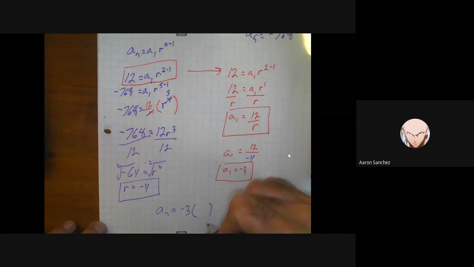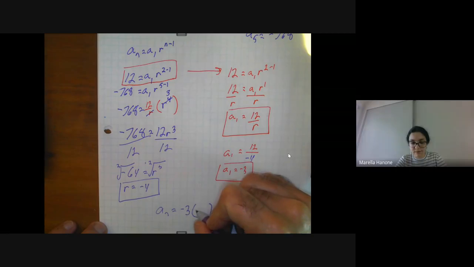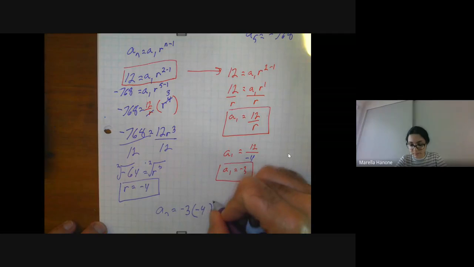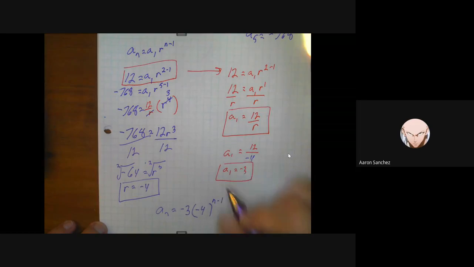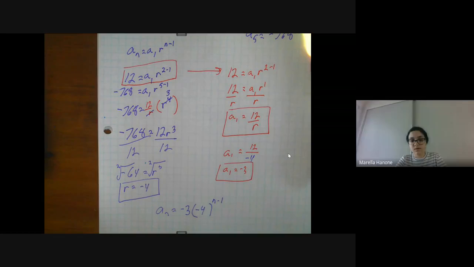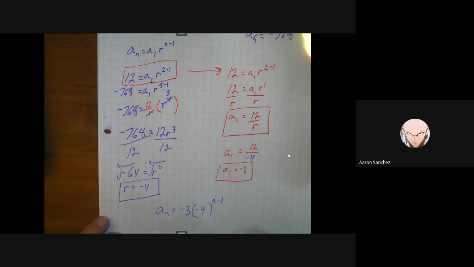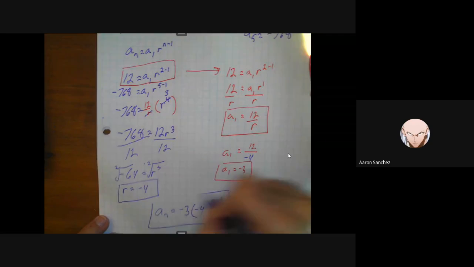What's my ratio? Negative 4, to the n minus 1. Okay, you cannot multiply these because of this exponent here. You have to use the exponent before you multiply, so you just leave it like that. Oh, okay. All right, so that's my final answer. Boom.